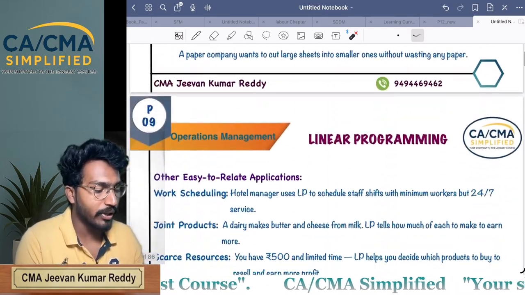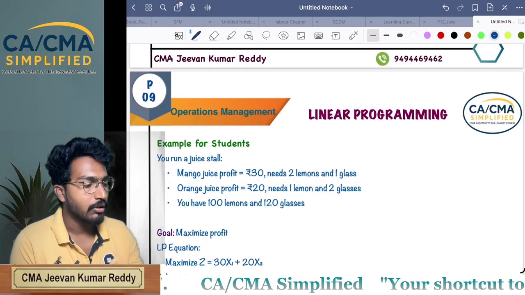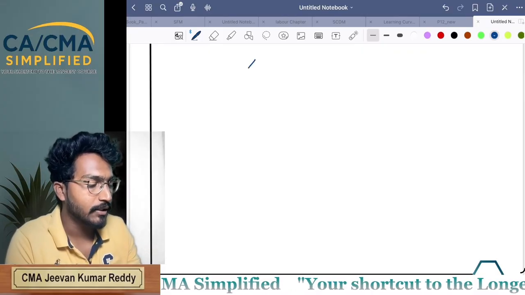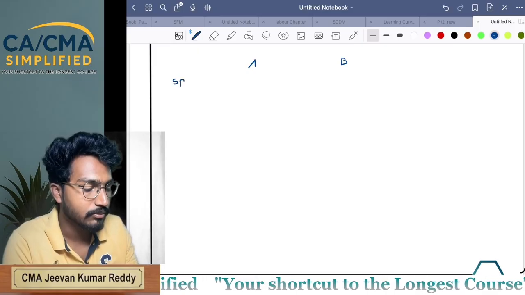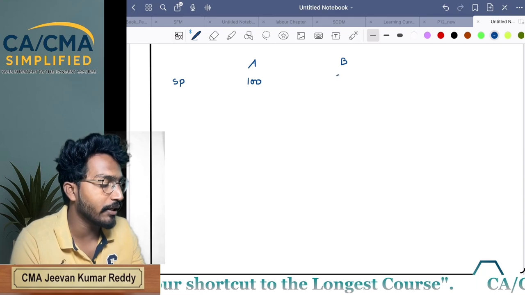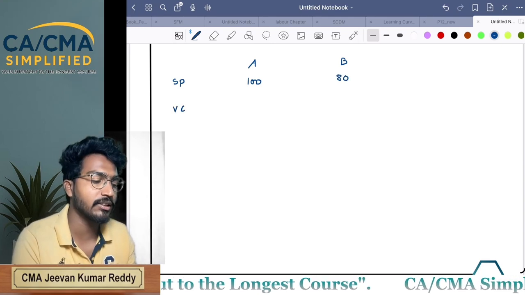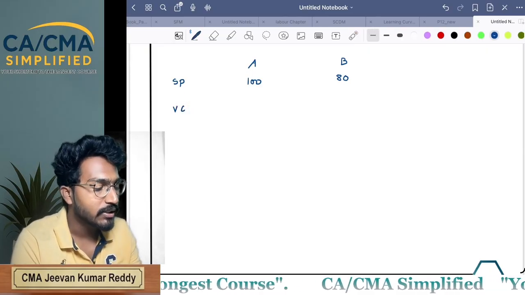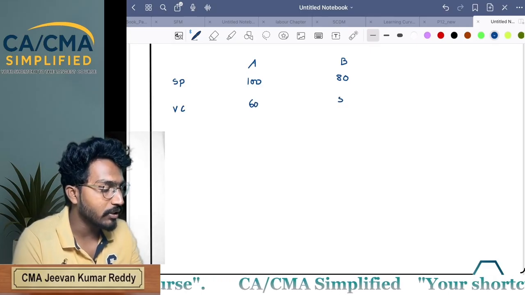Now, I will give you one example where we use linear programming. Let's assume there are two products, A and B. Selling price for A is 100 rupees. For B, it is 80 rupees. Now, variable cost, which consists of both labor as well as direct material: 60 and 50.